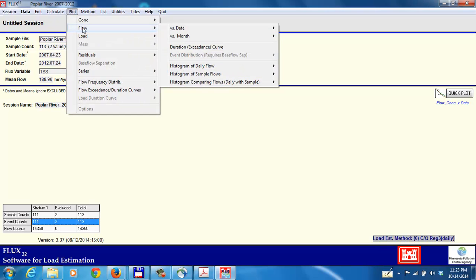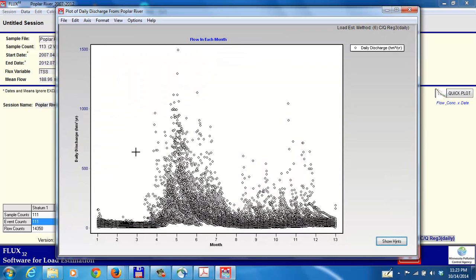Another plot would be flow versus month, because this will show the distribution of flows during the year. And we can see that here most of the flows are occurring during the spring, let's say late March to late June. There's quite a bit of flow here in the fall, but the majority of flows are in the spring, associated with the heavier rainfall that you have in the spring, but also the snow melt.